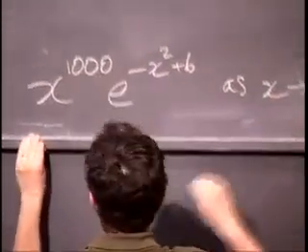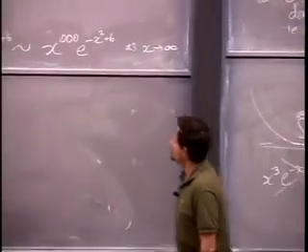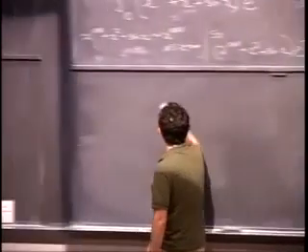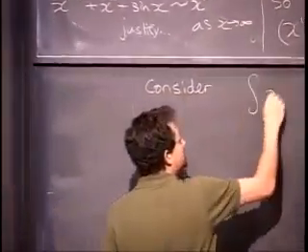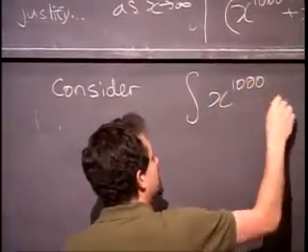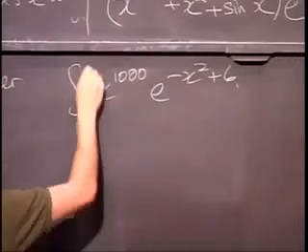That's fine. Just multiply both sides of the previous twiddle by e to the minus x squared plus 6. Okay, so consider the new integral, just x to the 1,000 e to the minus x squared plus 6, and we're going to go from 10 to infinity.